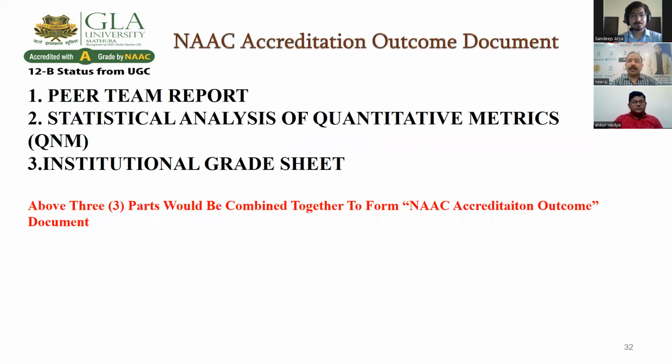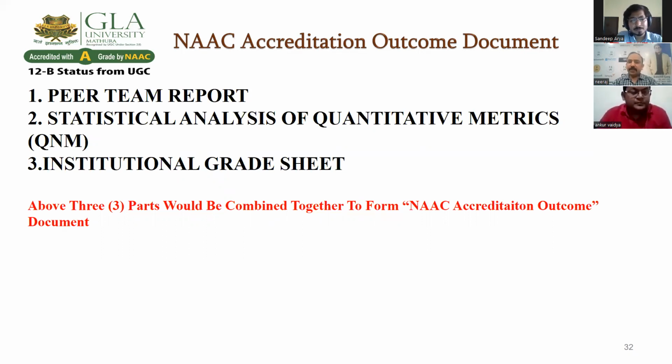So, the NAAC accreditation outcome. Finally, these were the 7 criteria. Based on that, you will prepare your SSR, and the DVV will verify all those documents. Then the peer team, as I discussed earlier, will visit the campus and prepare the report.